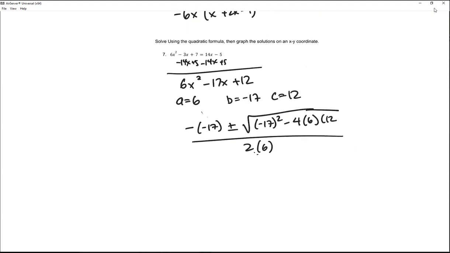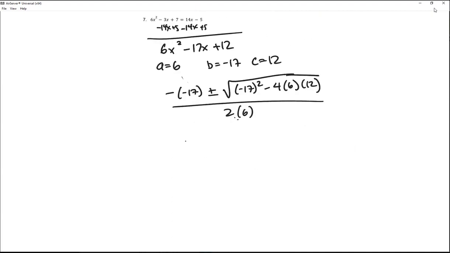So 17 plus or minus, 17 squared is what? 289? 289 minus 4 times 6 times 12, 288, all over 12.